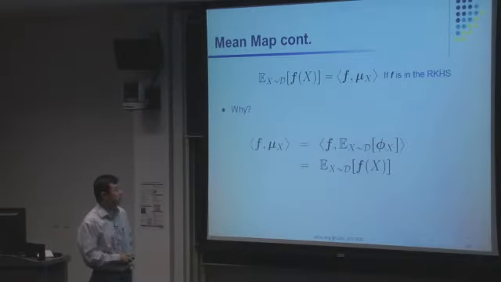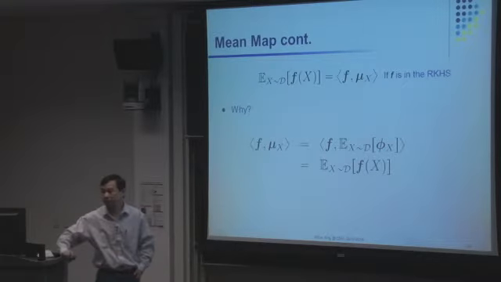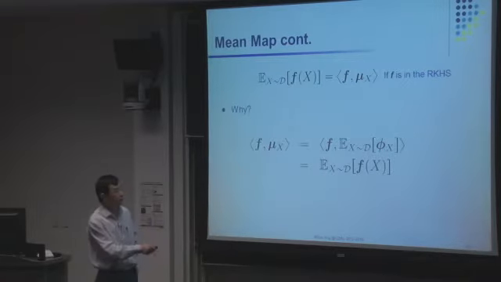And how can we prove that? This is a simple proof. By definition, the mean map is the expectation over the mapping. The randomness comes from x, which is not in f, so I'm going to take f out.